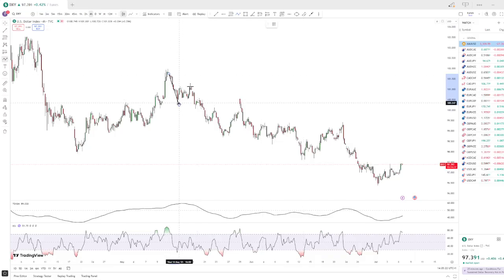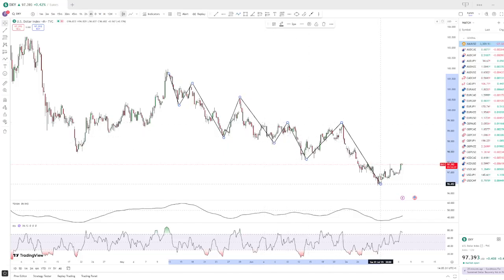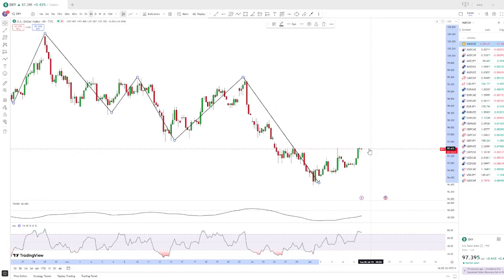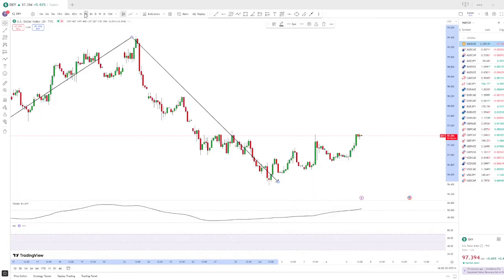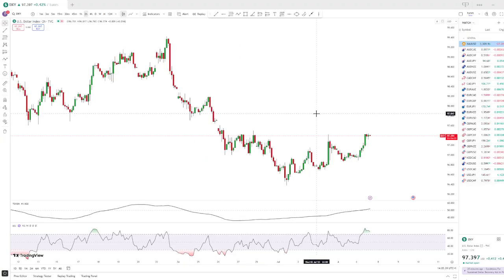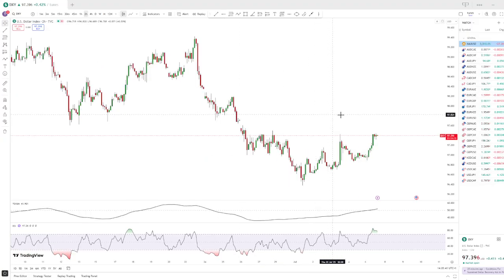All right, this is what I'm referring to right now. Let's come to the 2-hour time frame. I'm just going to mark up a few points that we should at least take note of.